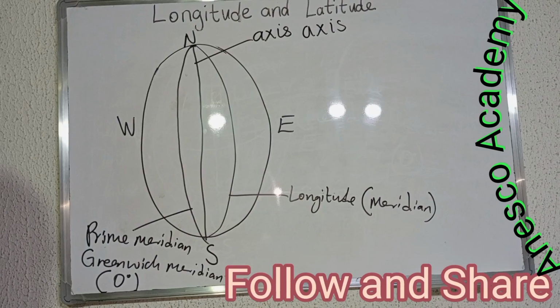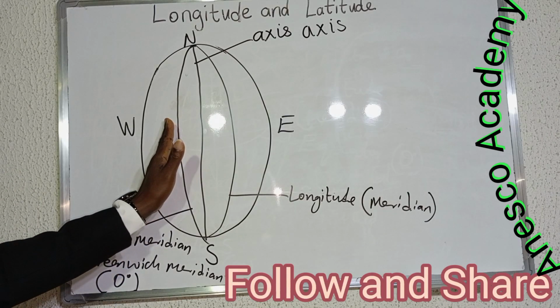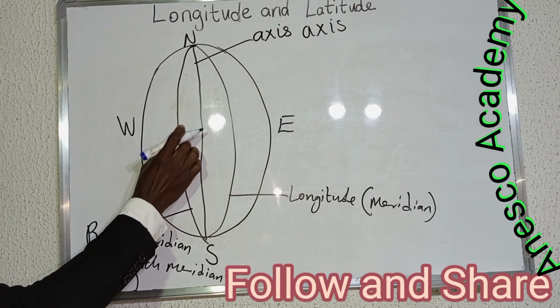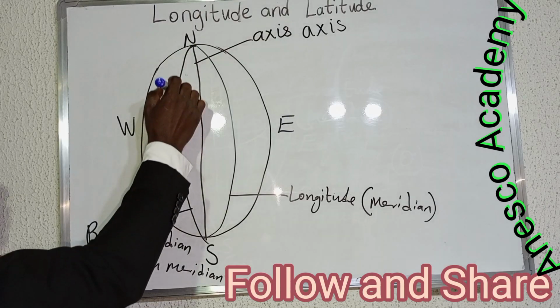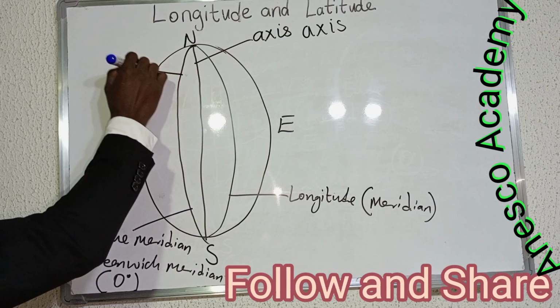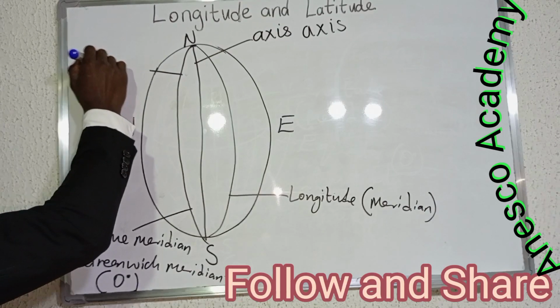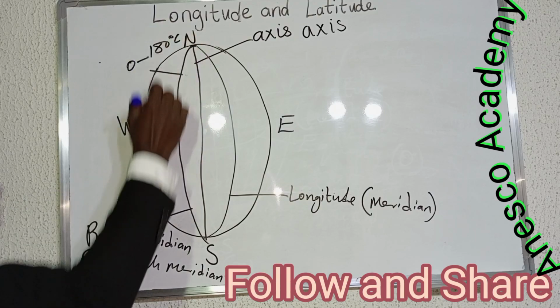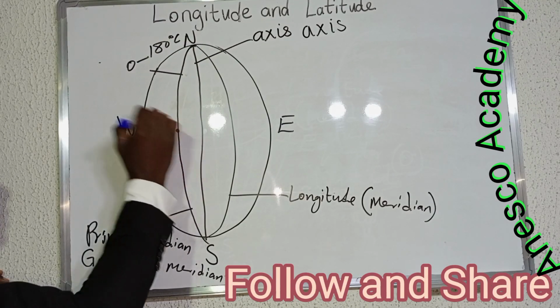All right. Now, going towards this direction from the great or the prime meridian, longitude will range from what? 0 to 180 degrees west. That is, this place is considered 0.